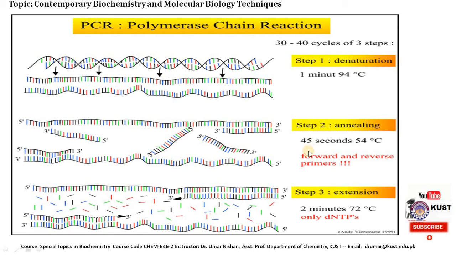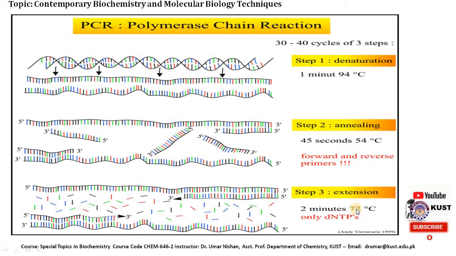Now this will give an opportunity to the single-stranded DNA molecules, which are 20 to 50 nucleotides in length, to attach with the complementary sequences in the DNA, in the form of both forward and reverse primers. These primers will anneal with their respective complementary parts. Once they get annealed, the thermocycler will change the temperature from 54 degrees C to 72 degrees C.